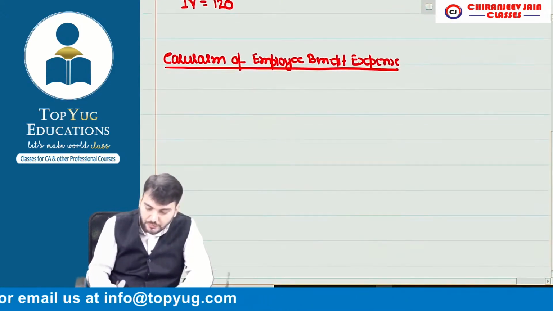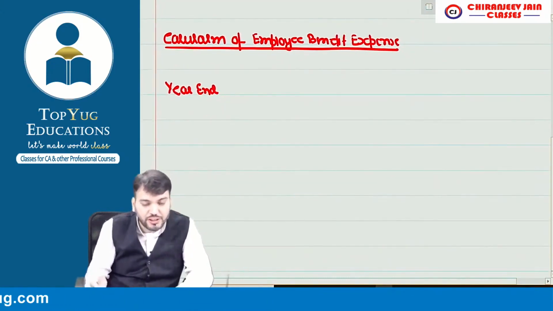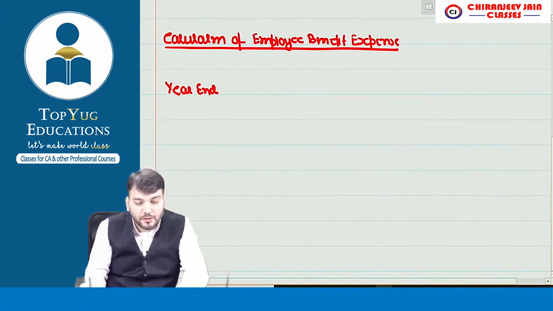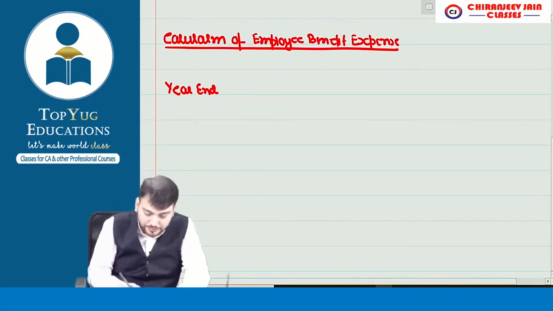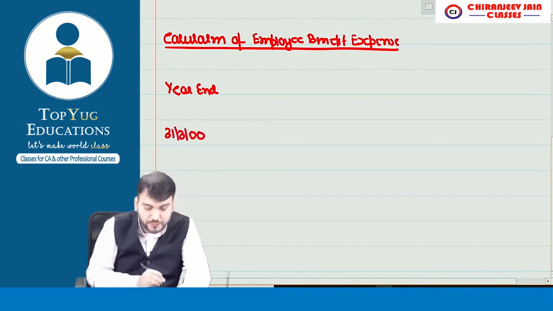Correct. To write down year end. The first year end is what? For 1/4/1999 to 31st March 2000. Correct. So year end is 31st March 2000.